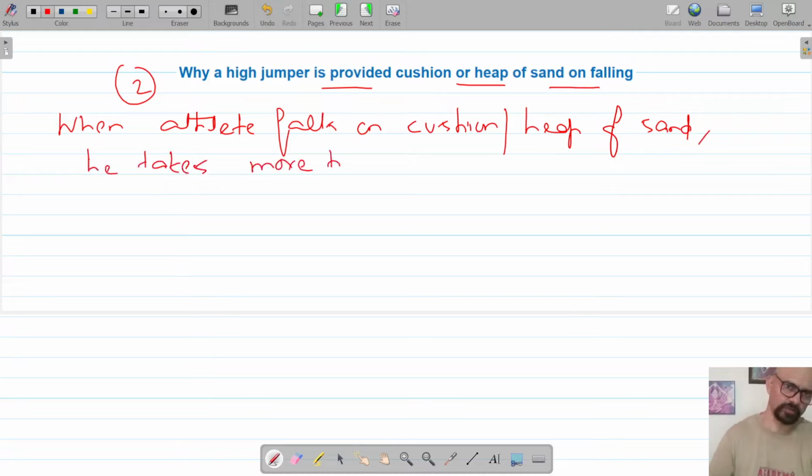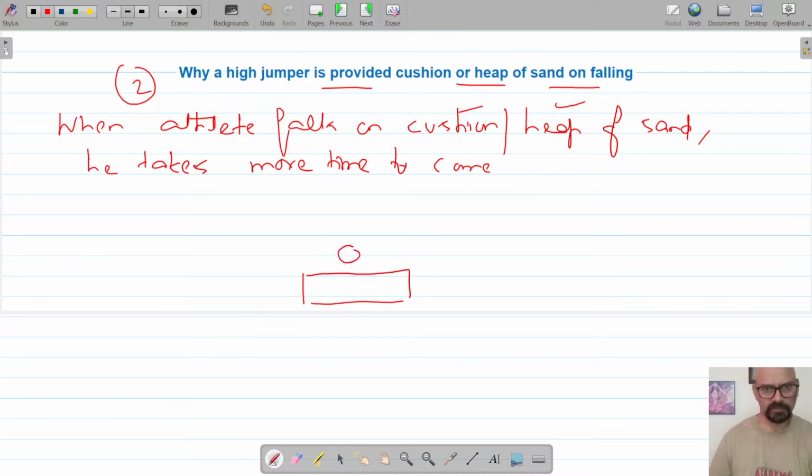He takes more time to come to rest because whenever he lands on the cushion or a heap of sand, let's say this is the cushion, the cushion is pressed with him, and this increases the time for the jumper to come to rest.